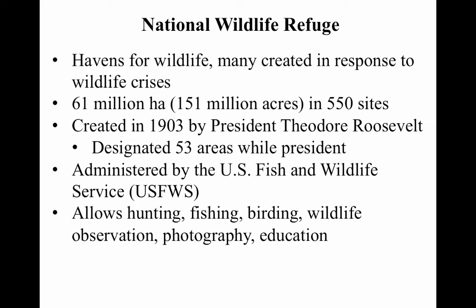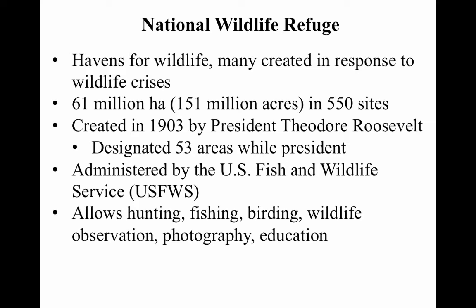So a lot of places have this designation. There are 151 million acres, and over 550 sites that have this designation. Again, created in 1903 by Teddy Roosevelt, mentioned in an earlier part of this unit.